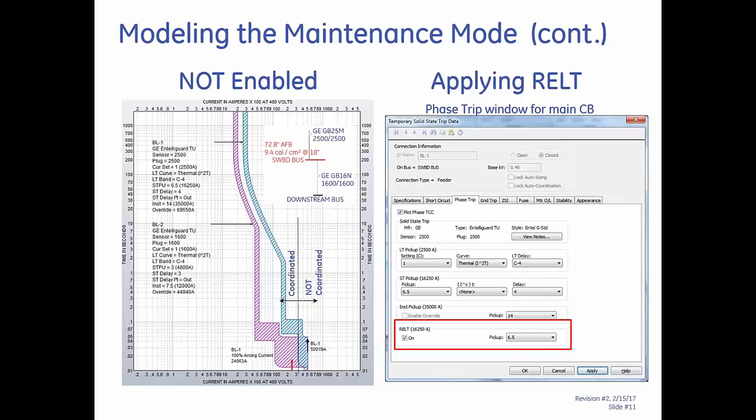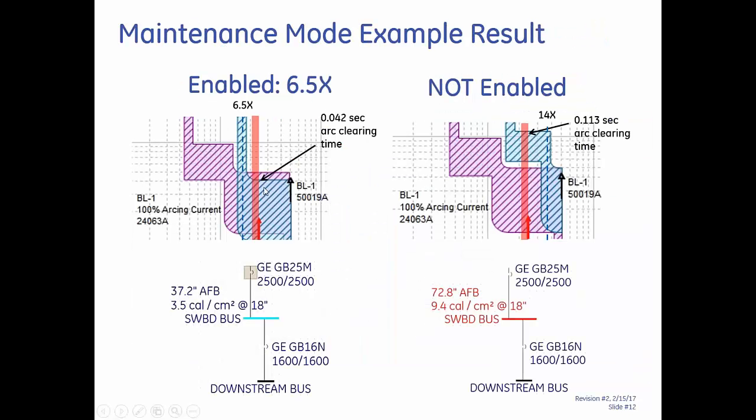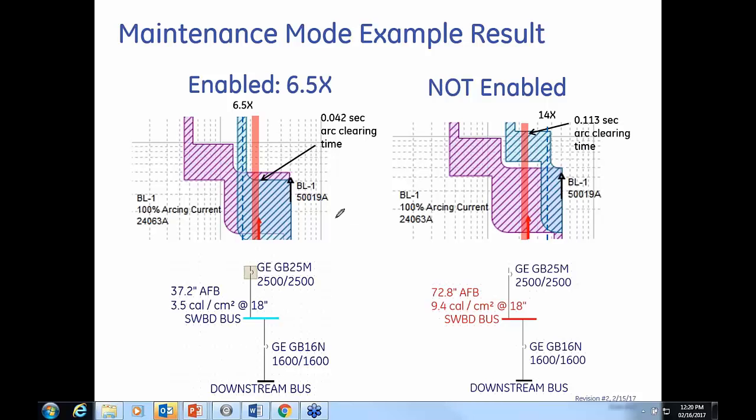Then as we advance the slide, you see on the left-hand side the resulting curves for the 6.5 maintenance pickup. For comparison, on the right-hand side, I'm showing the baseline setup without the maintenance mode enabled. Okay, hopefully this allows you to see this a little more clearly with some of the pen work on the screen. Some of the key things you want to notice here: when I didn't have the maintenance mode, I was clearing in the area I'm highlighting now on the short time part of the curve, and that happened to be 113 milliseconds.